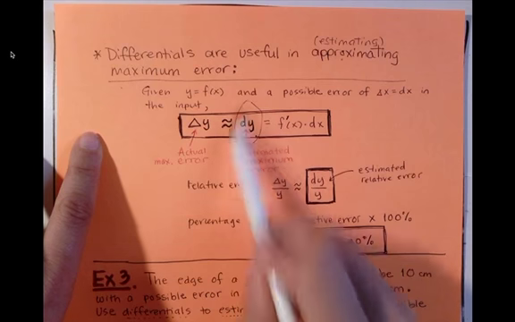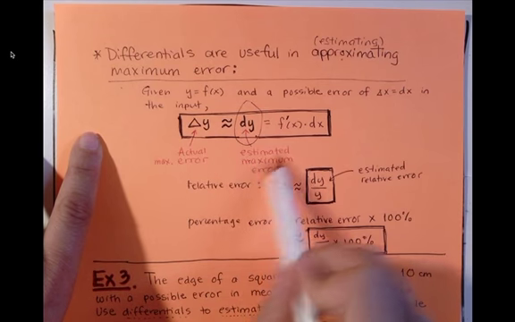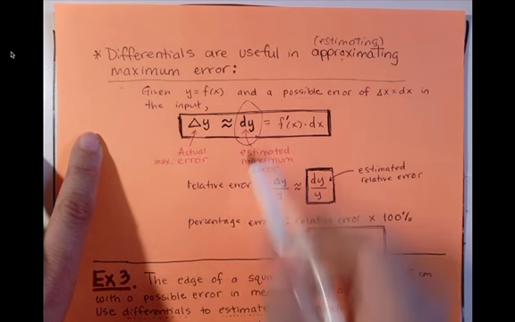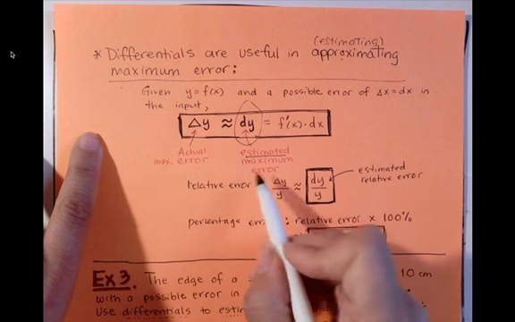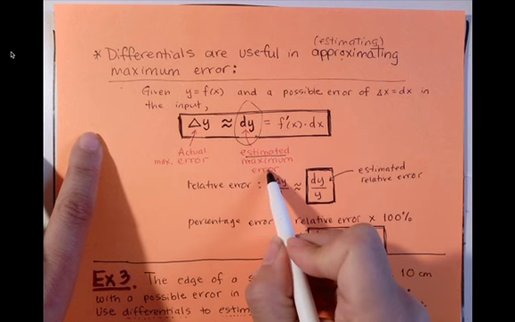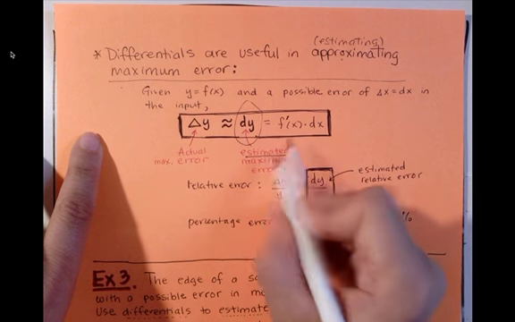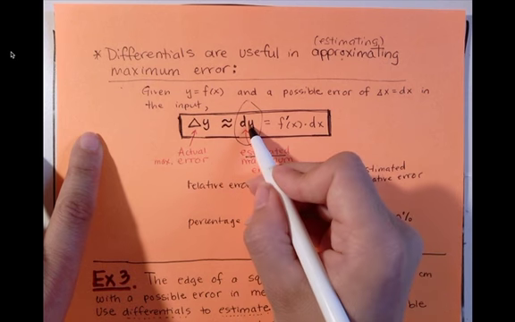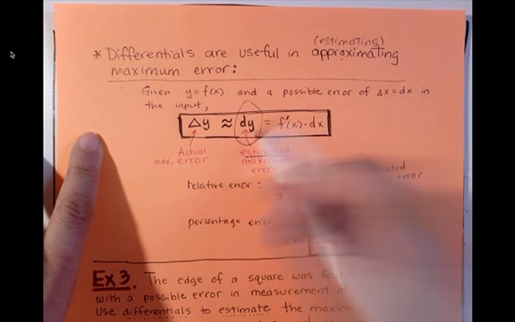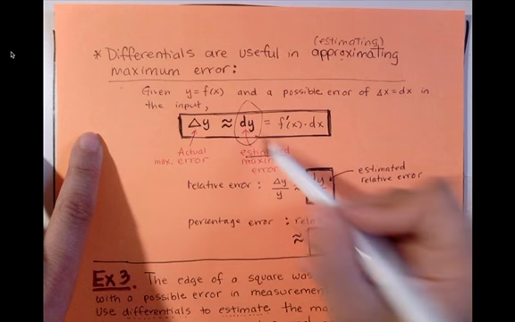So this is what we would call the estimated maximum error. It's an estimate though, and it's much easier to compute in general than the actual maximum error. That's why we're going to use this estimate of the differential, because it's using a line basically to estimate your error.